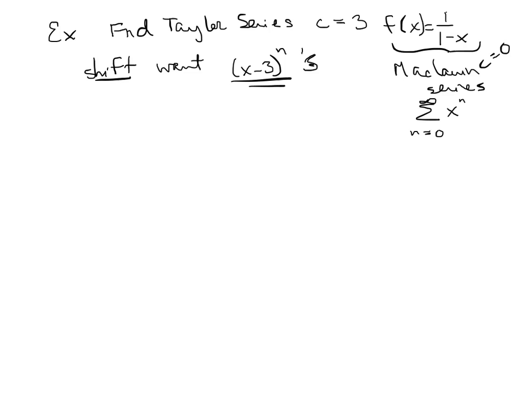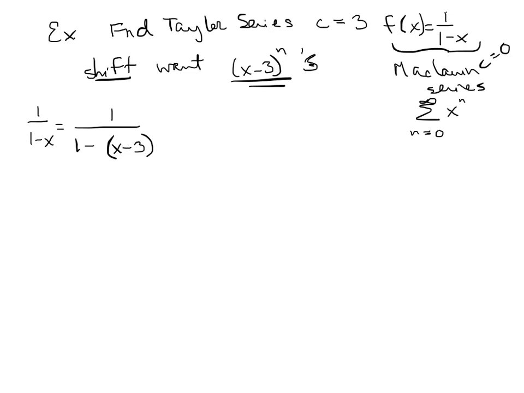So instead of an x in here, I'm going to want an x minus 3. But this function right now is definitely not the same as what we started with. And it needs to stay the same. I need to keep equality, but I want x minus 3's.